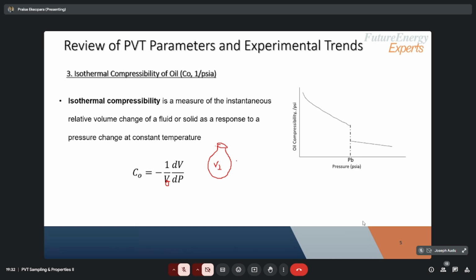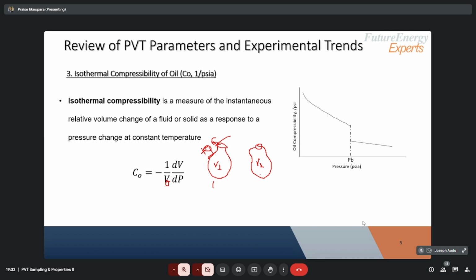If there's a pressure change, remember at this initial stage we have plus gas. Remember that we are talking about this oil, right? So when gases leave, you notice there will be a change. It's the same bottle, right? But there will be a change in volume. So the volume will drop because it's no longer complete.